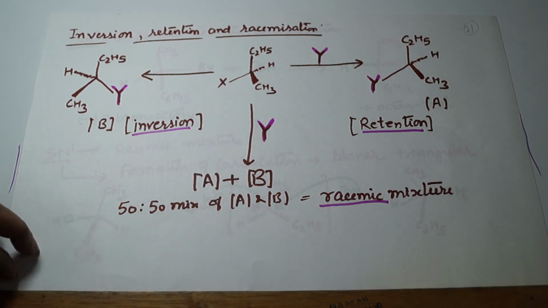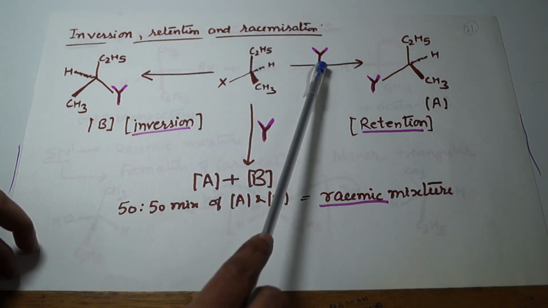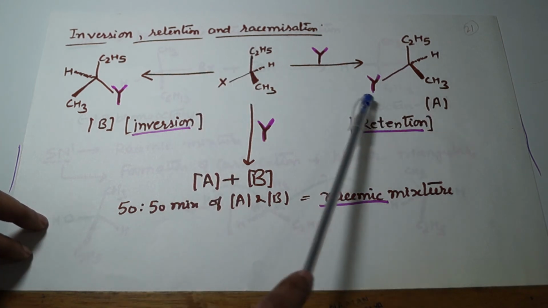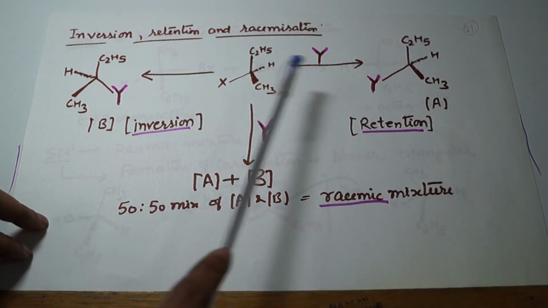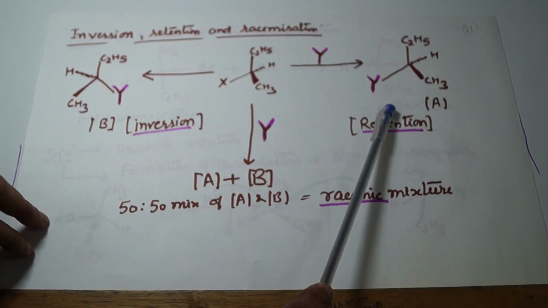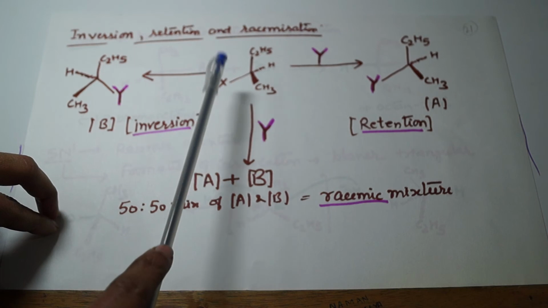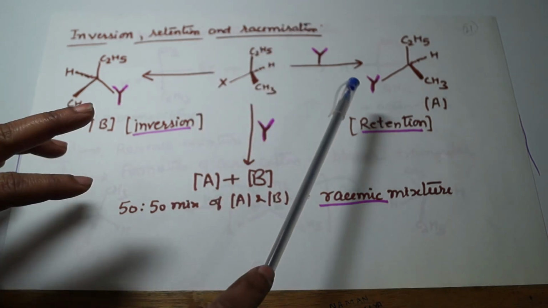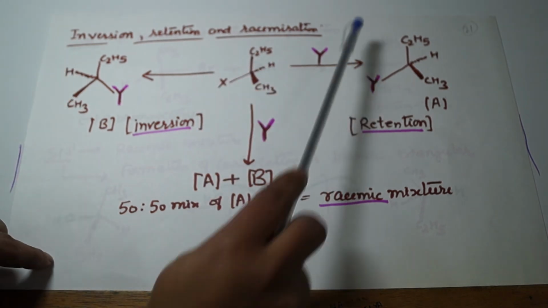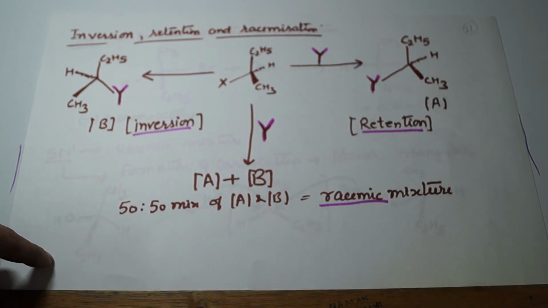Now, what can happen if we attach a Y? Y is attacking this molecule. Either A will be the product or B will be the product. In product A, the Y replaces X at the same position, at the same configuration where it was first situated. This kind of configuration is known as retention of configuration.